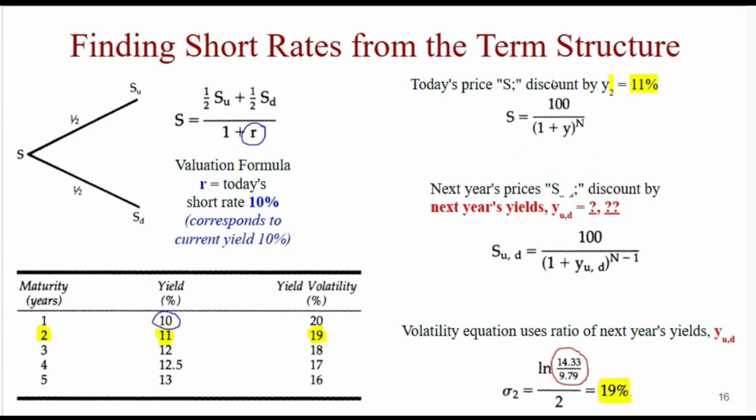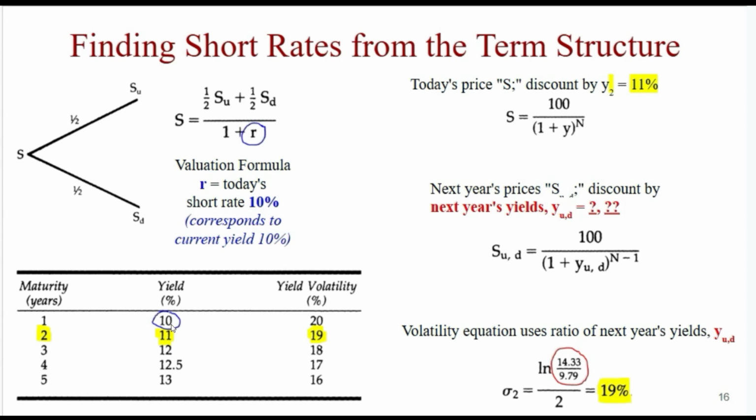Here, today's price S is the 2-year zero's face value of 100, 2 years from now, discounted back to today here at the market yield of 11%.